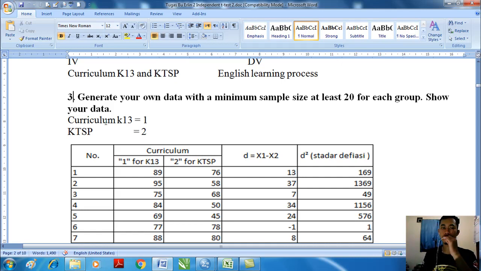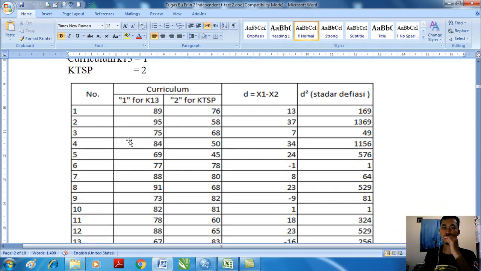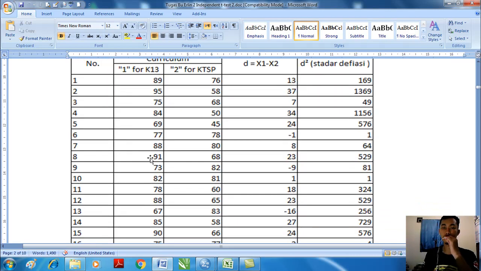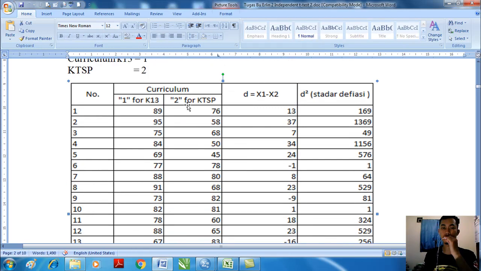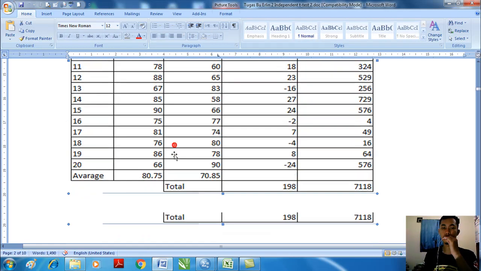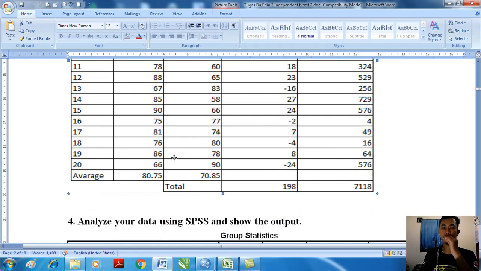This is the symbol. Curriculum K13 uses value 1. KTSP uses value 2. This is the data.